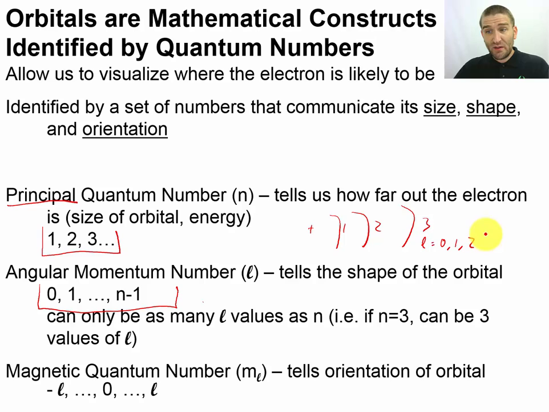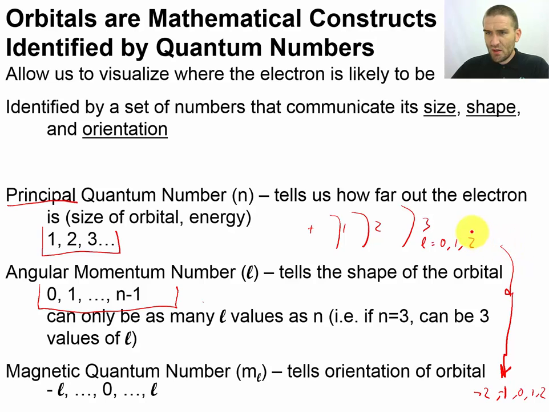Now, if I've got 3 different shapes, now I got to think about how they can point in space. For each of these L's, I'm going to be able to have a different set of magnetic quantum numbers. If I'm talking about L equals 2, I'm going to be able to have it do, and I'm doing this for the magnetic quantum number, so I'll do this one down here, but I'll need more space in a moment. We'll do a -2, -1, 0, 1, and 2.